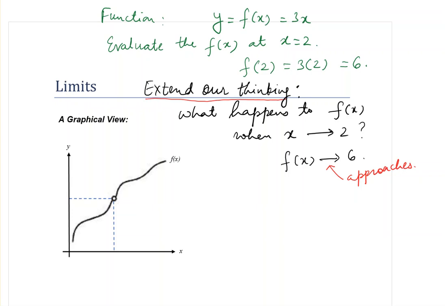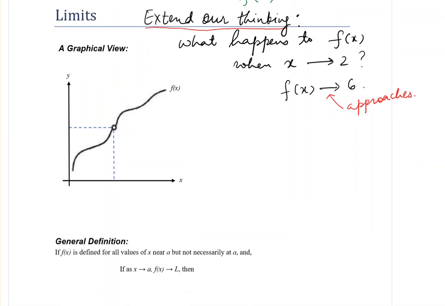Now let's take a look at the graph given here. If we look at the graph of this function f(x), we can see that this function is not defined at, let's say this is 1, and let's say the y value is 2. I don't know what the values are, but I'm just assuming. When x is 1, the function is not defined.